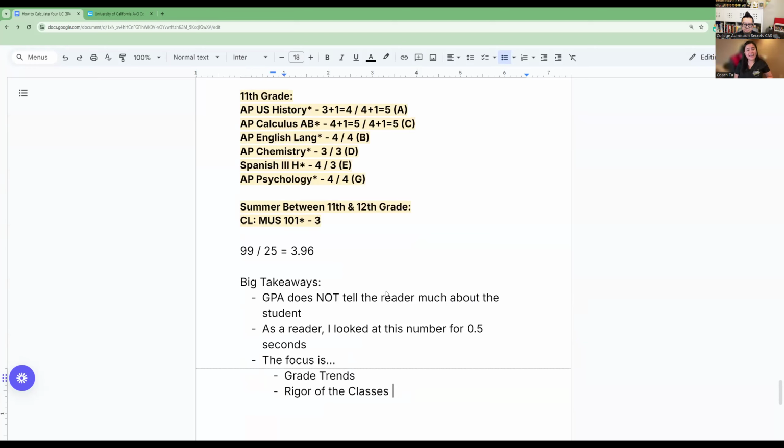So that is the summary: GPA does not count.